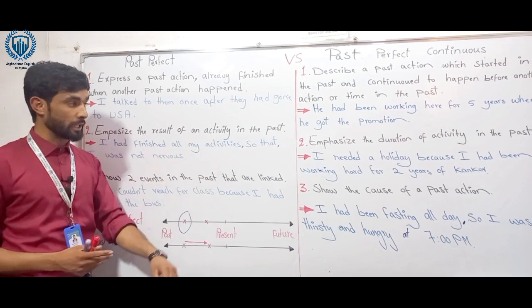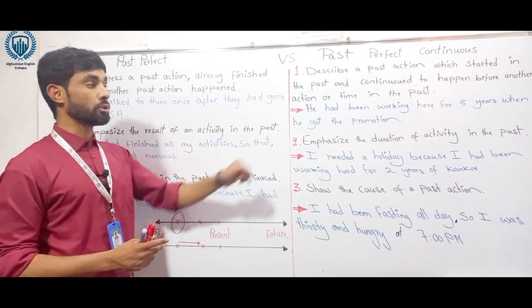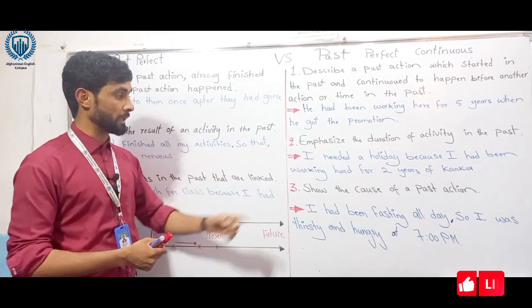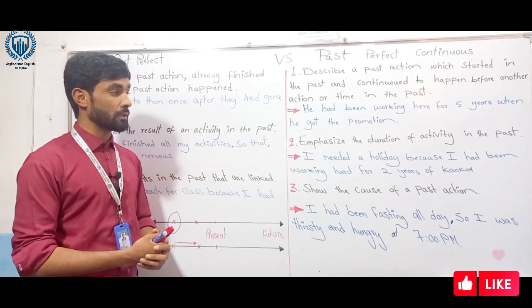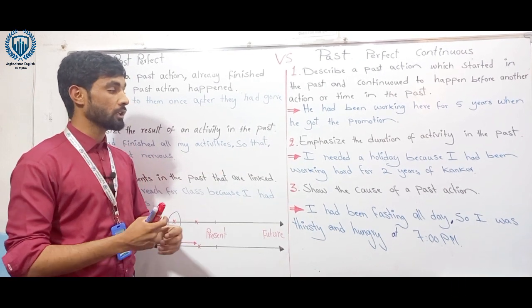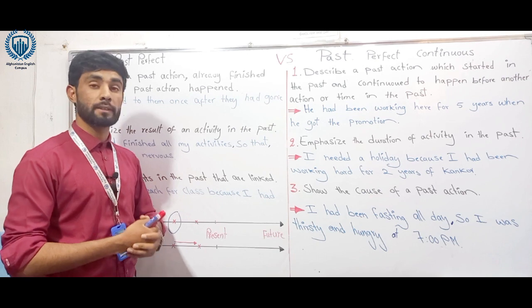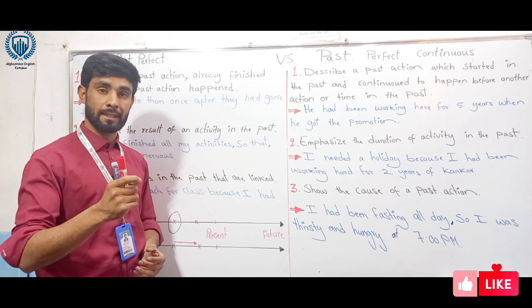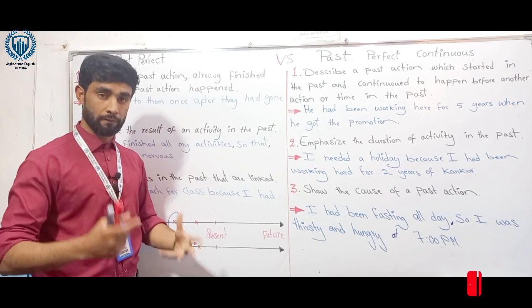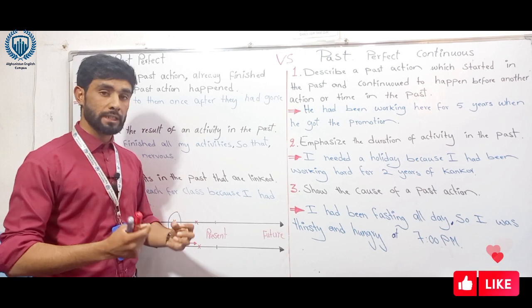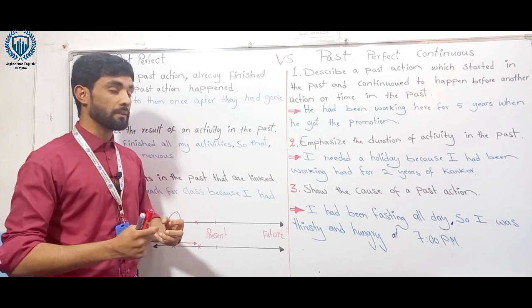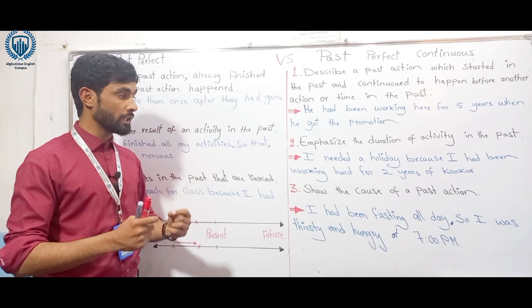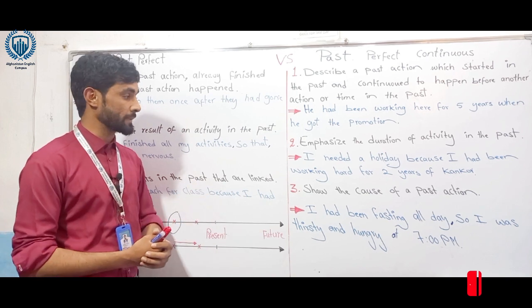And here we have emphasis on the duration of an activity in the past. I needed a holiday because I had been working hard for 2 years of Kankur. Kankur is a kind of exam in Afghanistan; in our country, before going to university, students take the Kankur test.